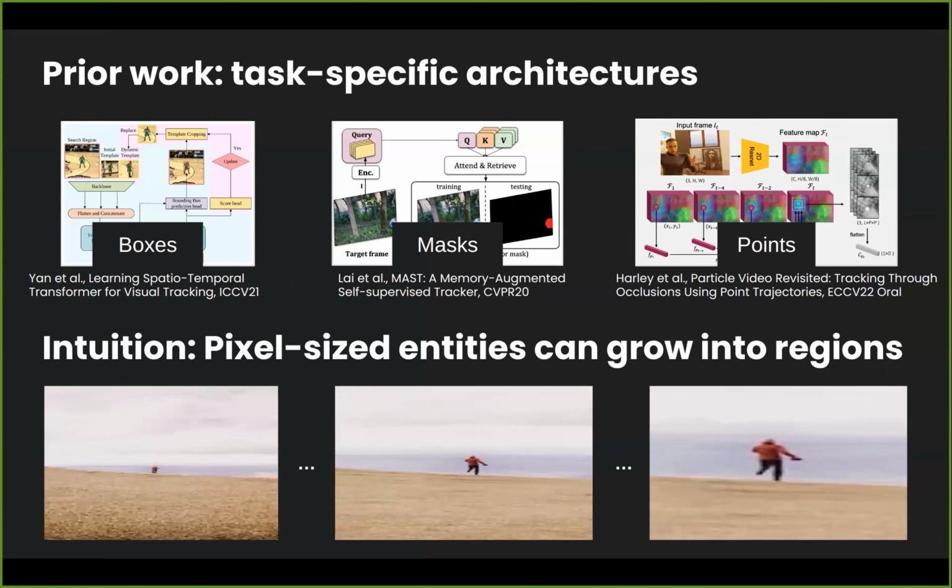And one of the intuitions behind the limitations is the fact that these pixel-sized entities, like we see in the image over there on the bottom right, basically grow to be full regions. And so if you have a tracker that tracks points, by the time you get to the third image, maybe it's not going to work as well.